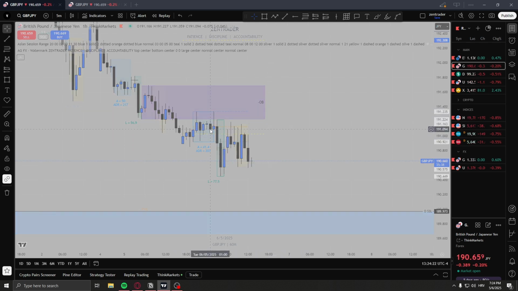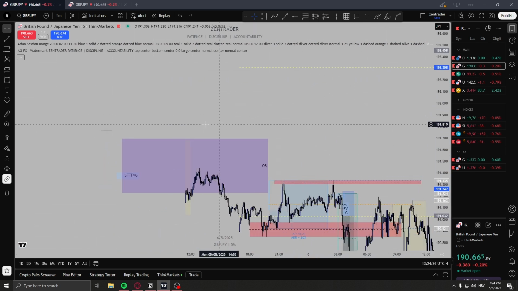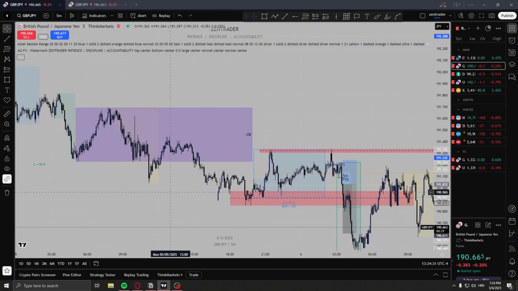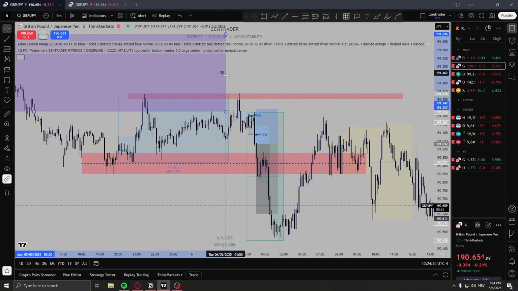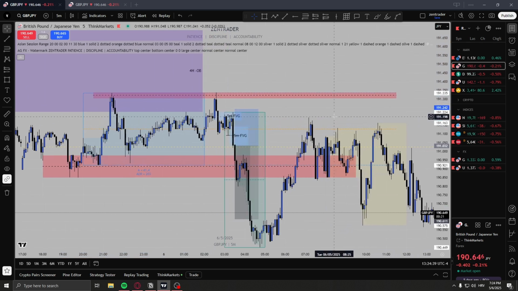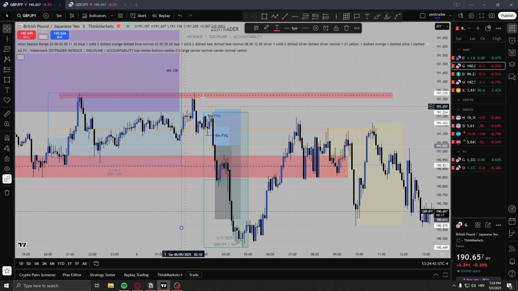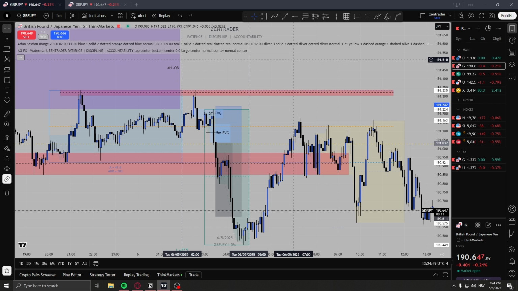So let's go to the 5-minute time frame and look at this a little bit. Okay, so we are in this 4 hour order block. I'll mark it out. After 2, we start looking for trades. 2 to 5, we need to find a setup right here.